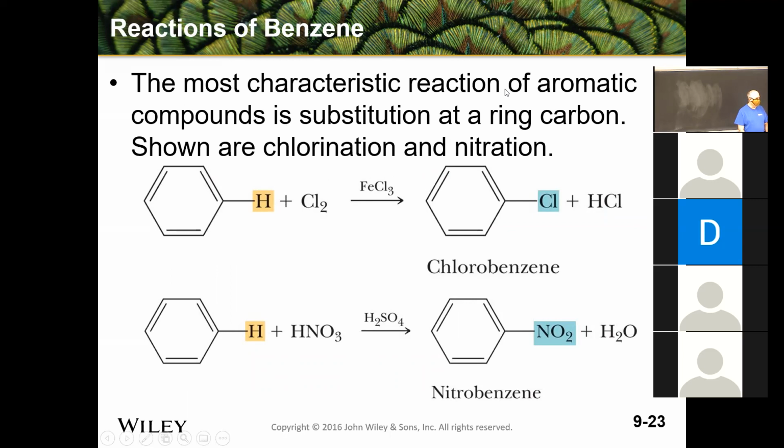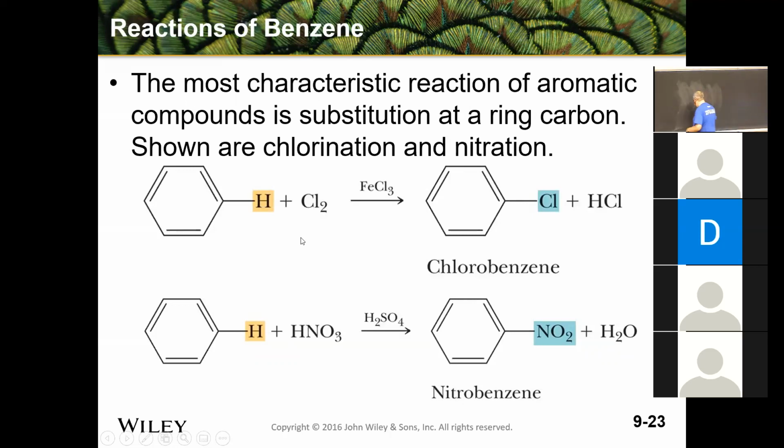The most characteristic reaction of aromatic compounds is substitution at a ring carbon. So here we show chlorination and nitration. Notice what happens here. This is a substitution, not an addition.